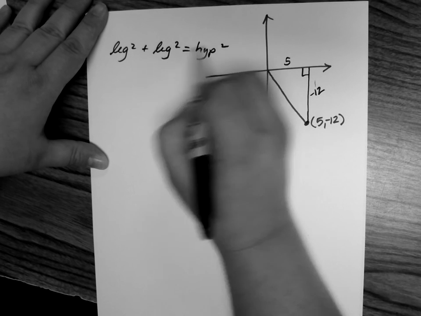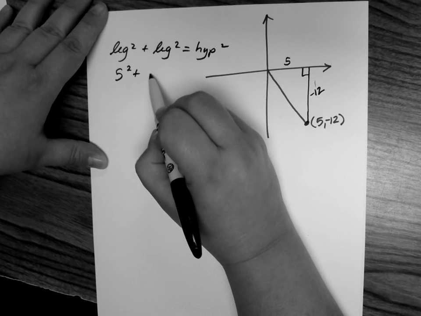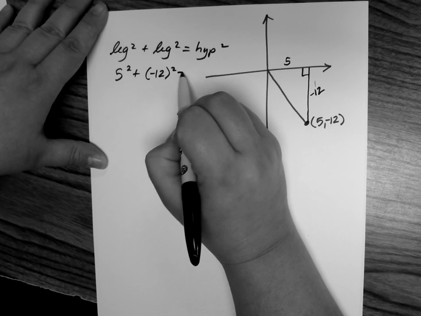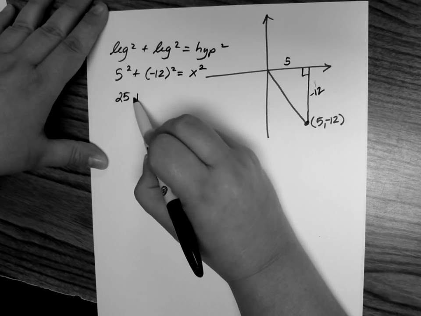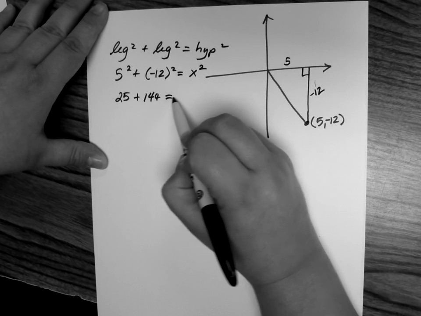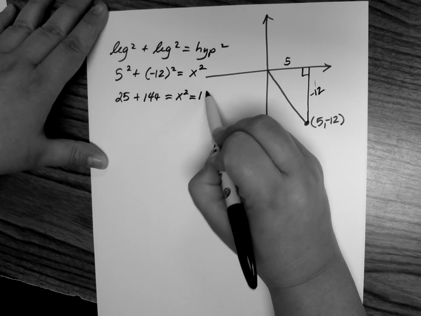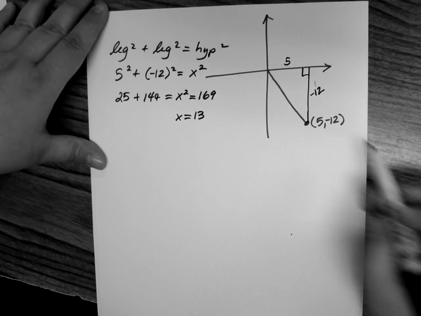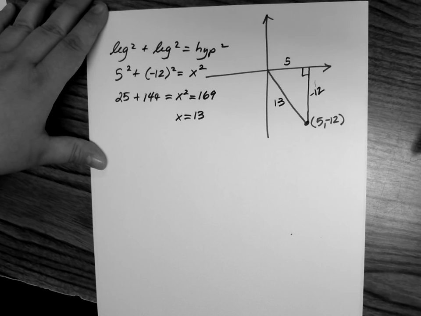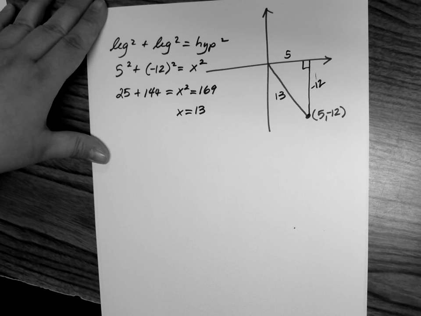So that's 5 squared plus -12 squared equals, we don't know what, squared. 25 plus 144 is x squared, and that happens to be 169, which is 13 squared. So here's 13. Remember the 13, the hypotenuse, you don't ever have to worry about negatives. The hypotenuse will never be negative.